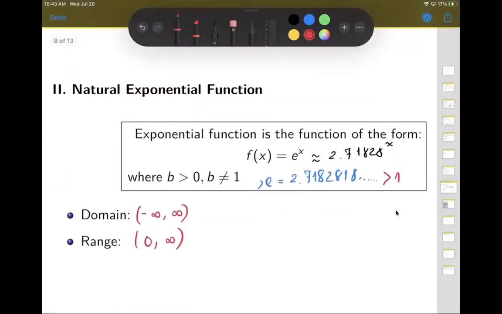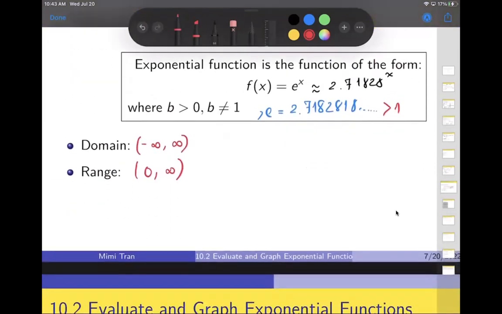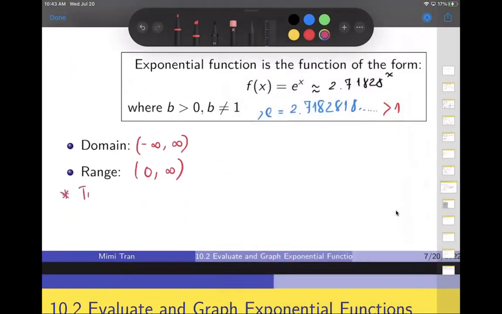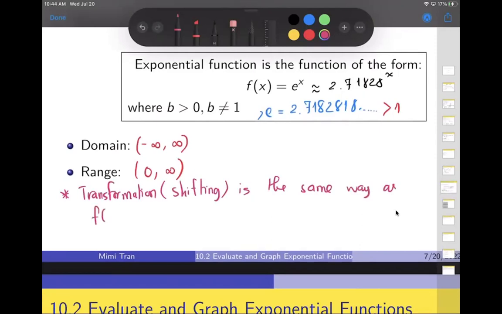And you're shifting the same way, right? You're shifting it the same way as the exponential growth. So let me put a little note here. Transformation means shifting the same way as the exponential growth graph.